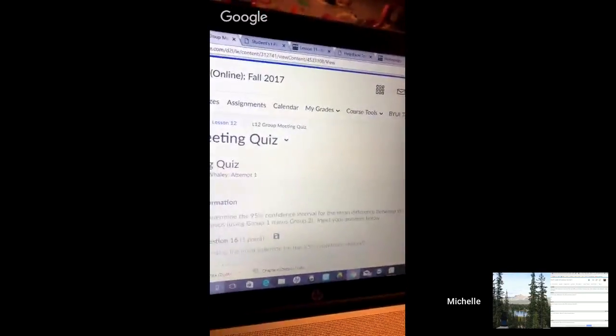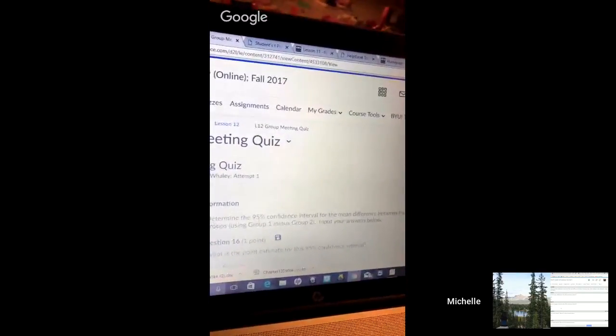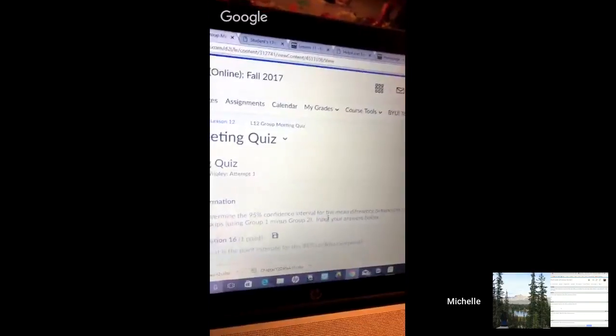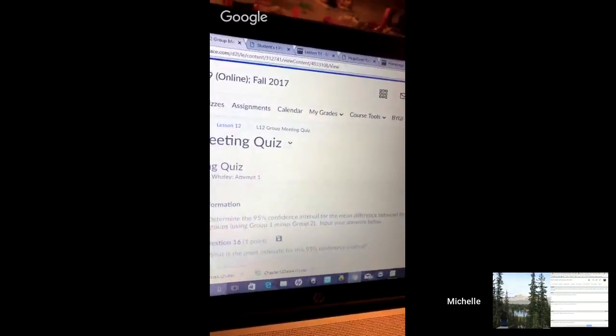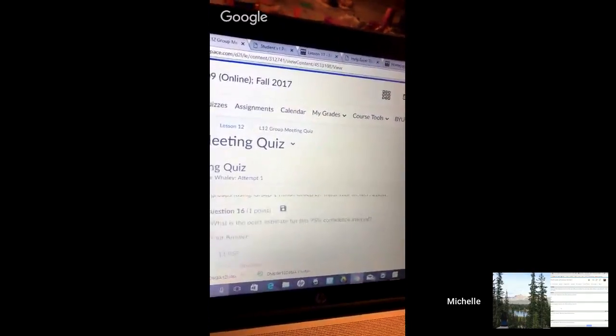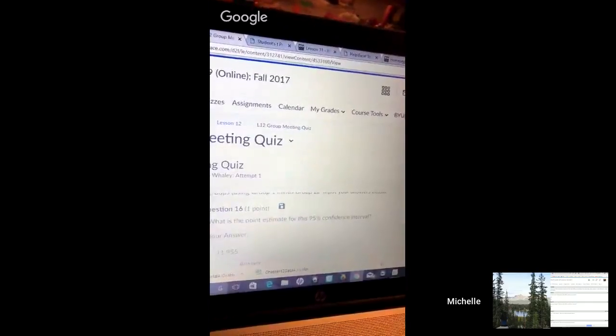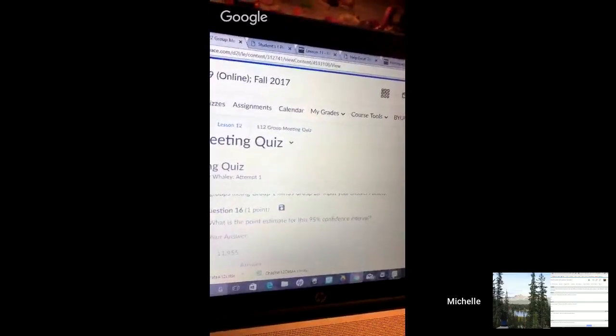Yeah. Okay. If I was doing this by myself, I wouldn't have put that number because it says 95% confidence interval, which I have it set at, the mean difference between the two groups. What is the point estimate for the 95% confidence interval?